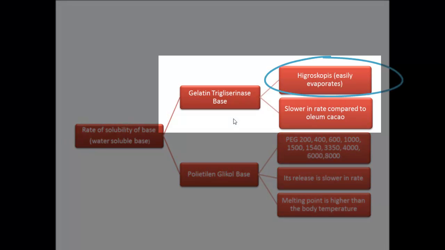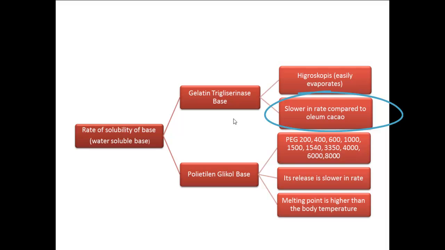It is hygroscopic, and its release rate is lower compared to oleum cacao. Why? Because the texture of the gelatin glycerin base is very soft, and due to its texture, it is commonly used as suppositories for the vagina and urethra.